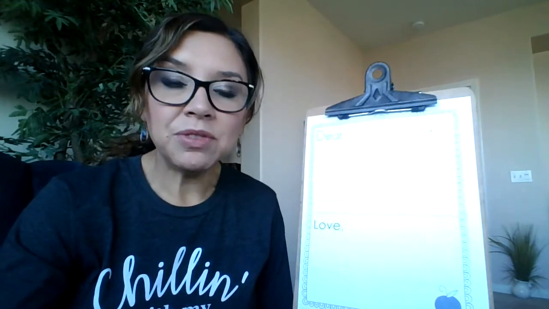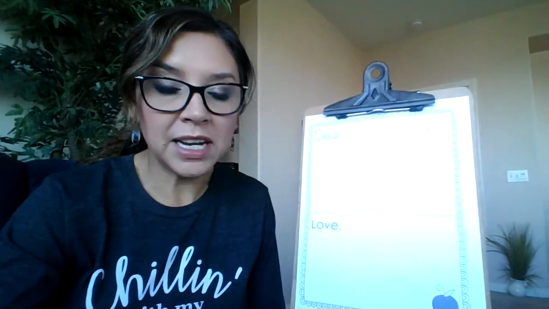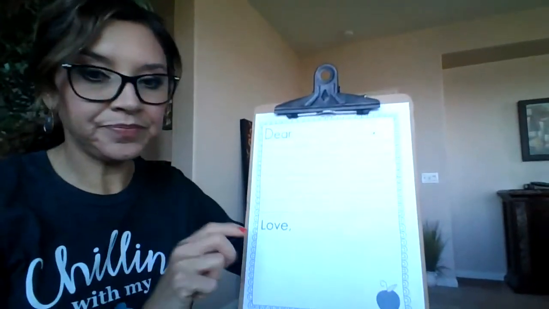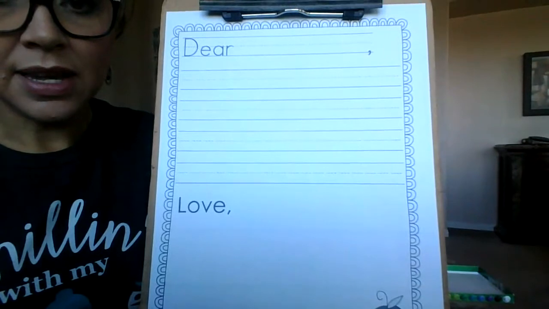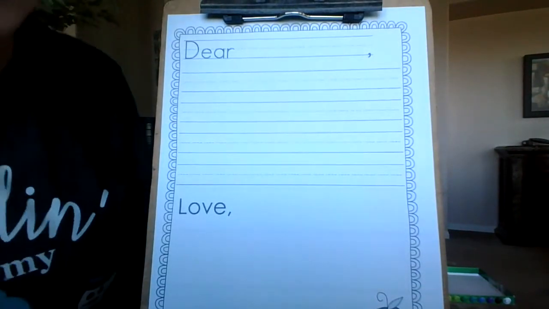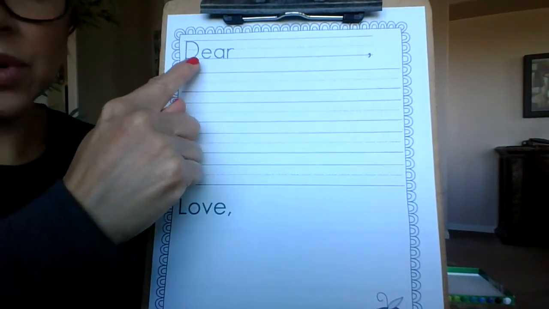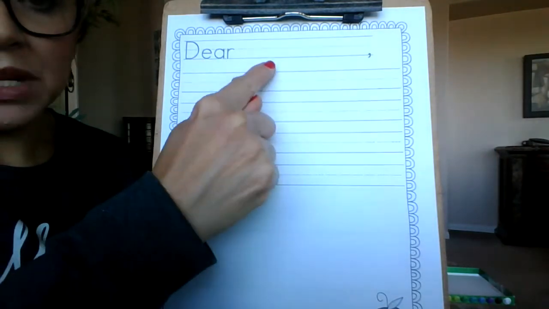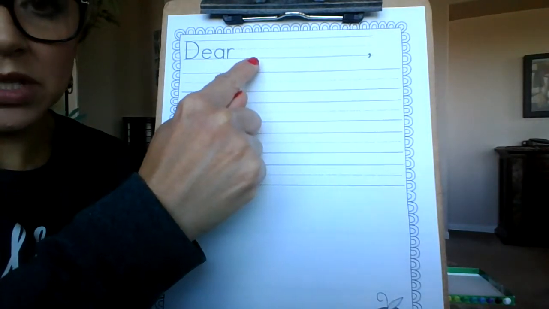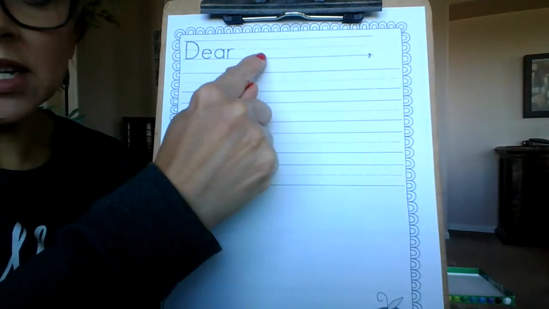Okay, so I'm going to move this a little bit closer so that you are able to see the writing. And the first thing that you see at the very top is the word dear. Dear, and for me, I'm picking my daughter Isabel, so it's going to say, Dear Isabel.